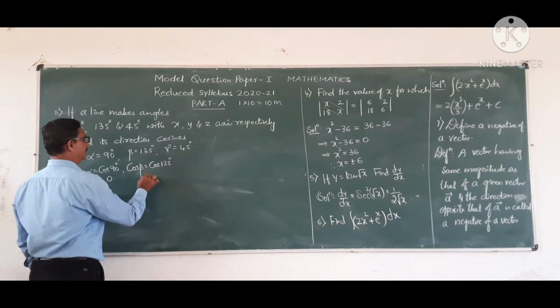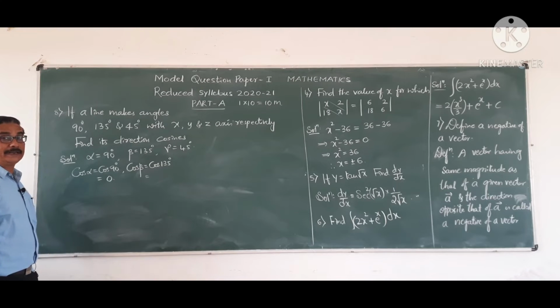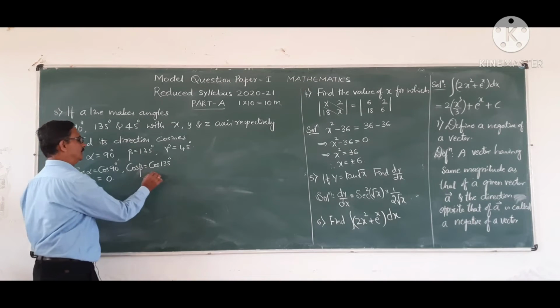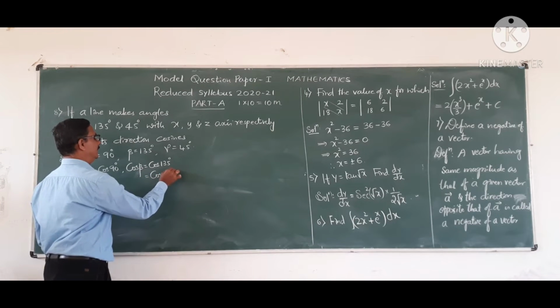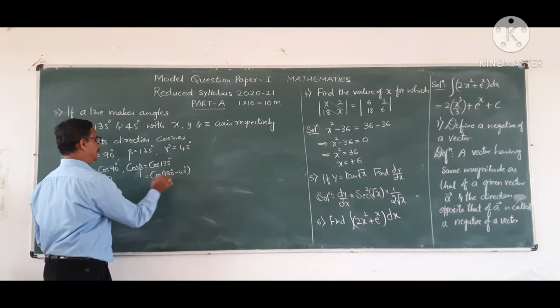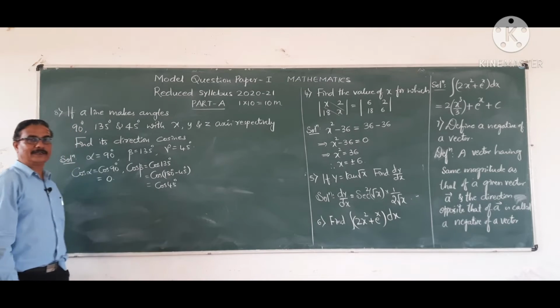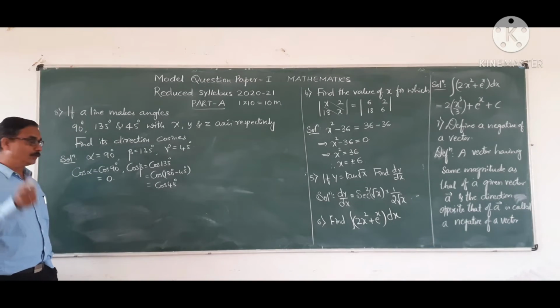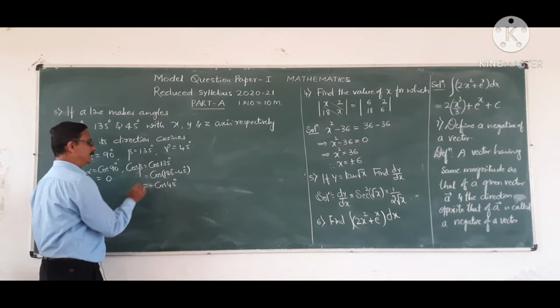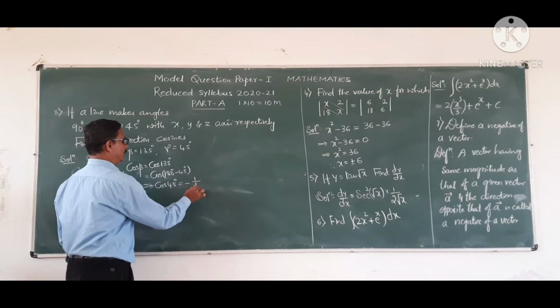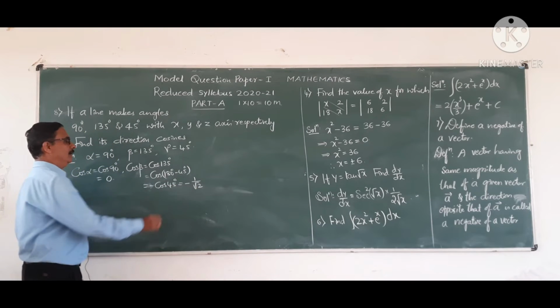angle 135 degree, cos of 135 degree using allied angle, we can write as cos of 180 minus 45 degree, right? Trigonometric ratios remain same, but 180 minus theta lies in the second quadrant, where sin and cosec are positive, cos is negative. So minus cos 45 degree, that is minus 1 by root 2.